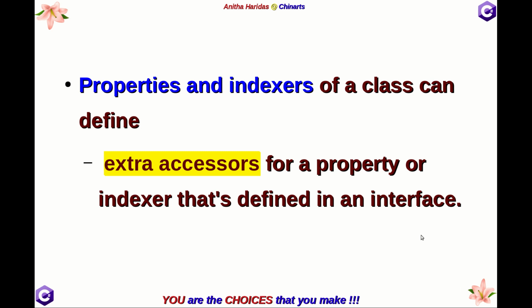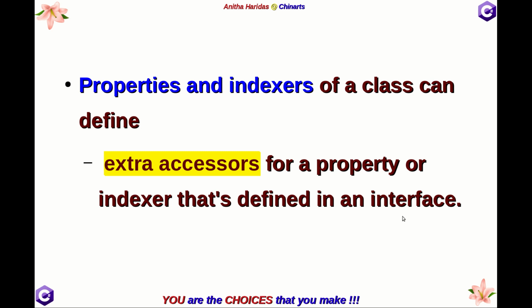If so, let us imagine that you have a property defined in an interface and you are going to use that interface as a base for a class. The properties and indexers of a class can define extra accessors for a property or indexer that is defined in an interface.